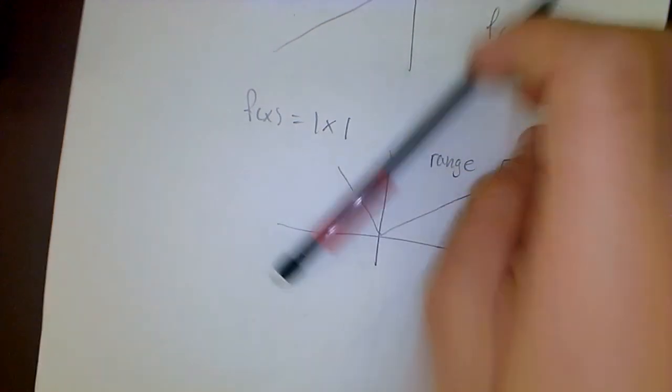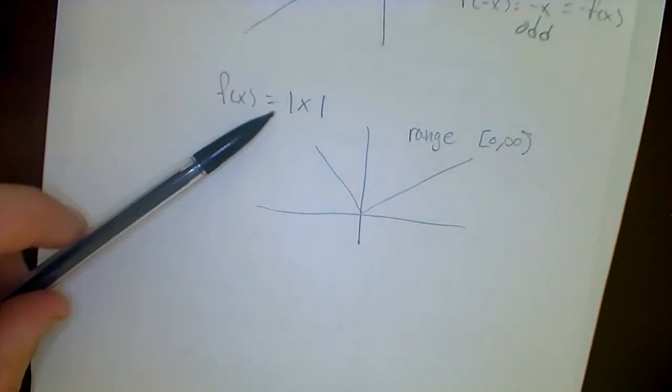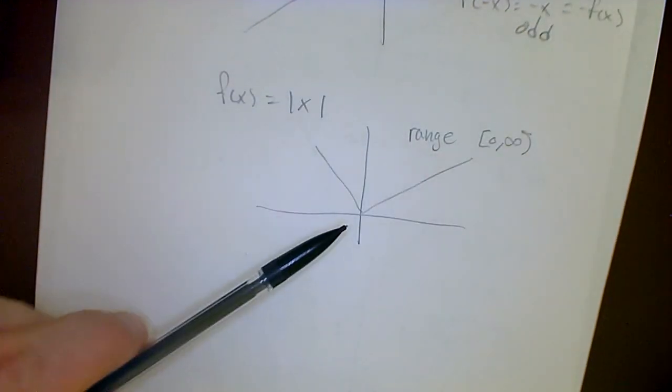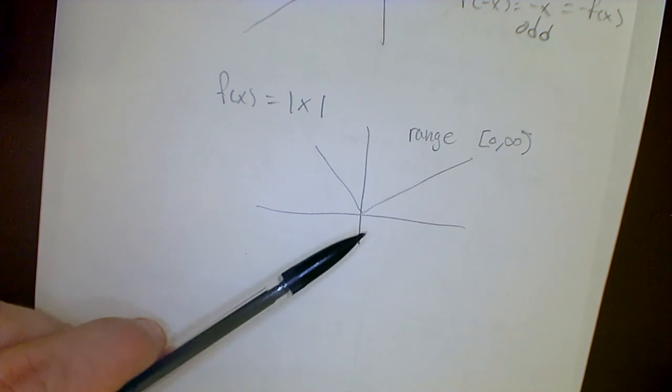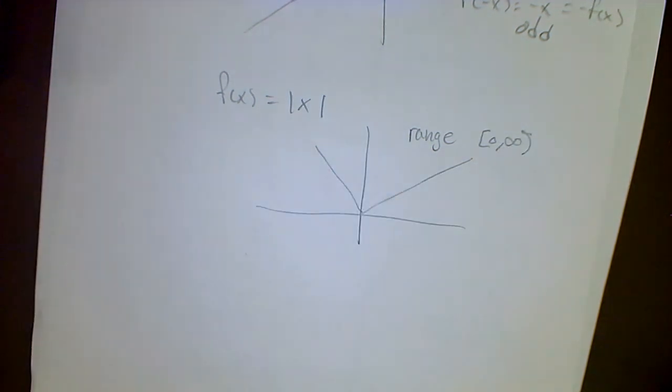And it's decreasing, right? It's got a negative slope from negative infinity to 0, and it's increasing from 0 to infinity. And it's also an even function, because if I plug in negative x, it's still going to be absolute value of x.